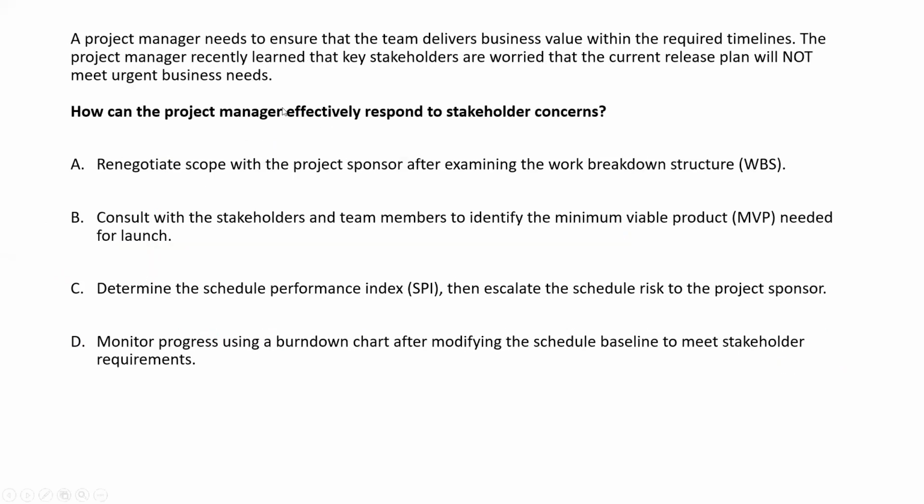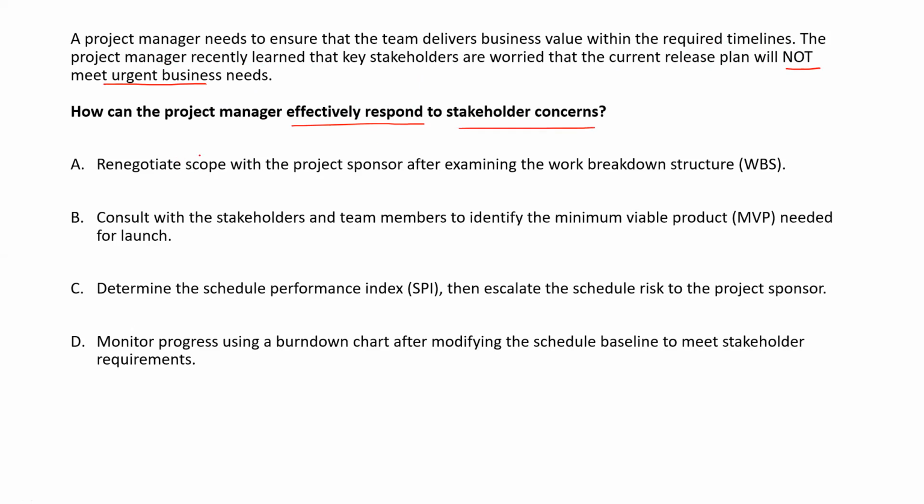Next, a PM needs to ensure that the team delivers business value within the required timeline. The PM recently learned that the key stakeholders are worried that the current release plan will not meet urgent business needs. How can the project manager effectively respond to stakeholder concerns?